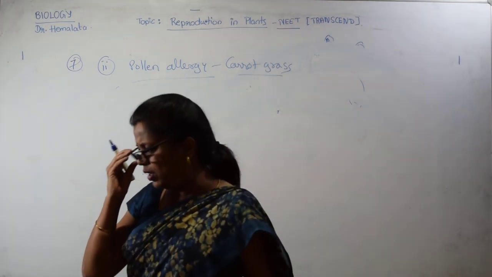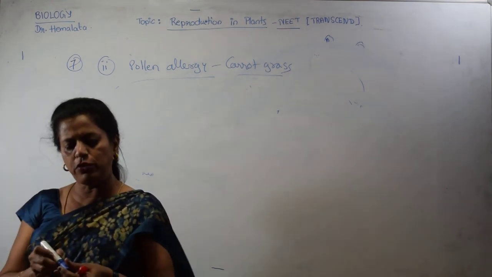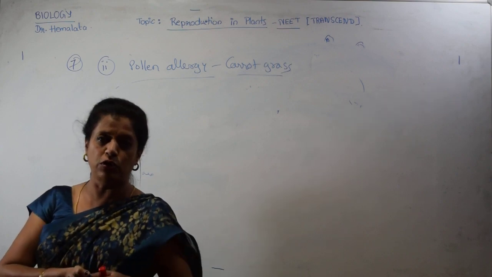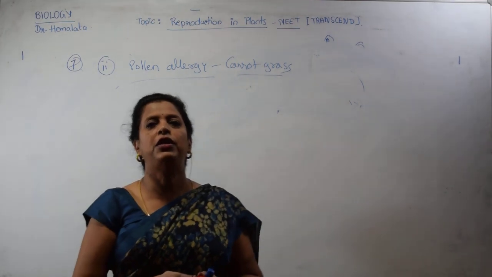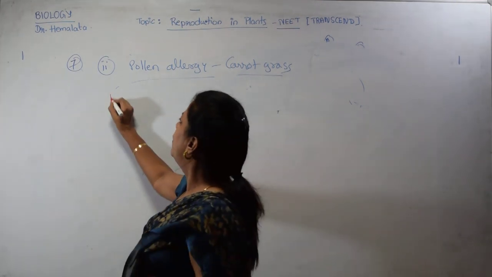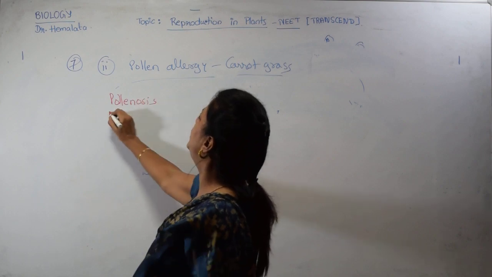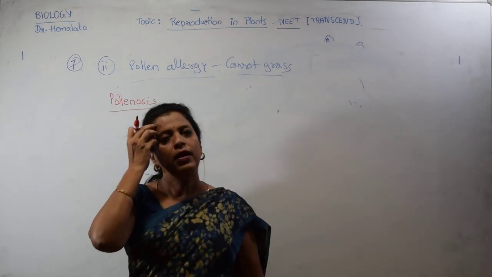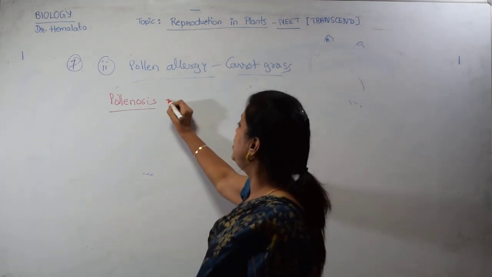One little extra thing let me explain in this, because once you learn some new words, you are supposed to understand their meanings and also the details of that. What I told you, pollen allergy, we call it pollenosis. Pollenosis is nothing but pollen allergy, right? It is due to carrot grass. We call this hay fever.